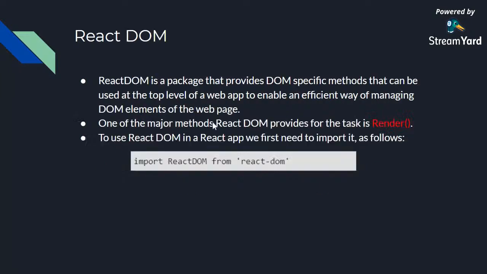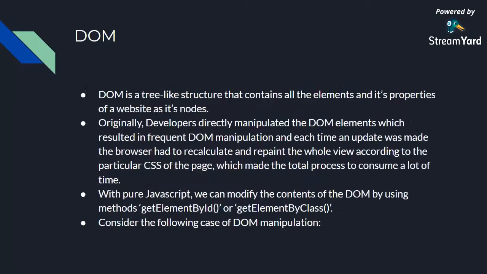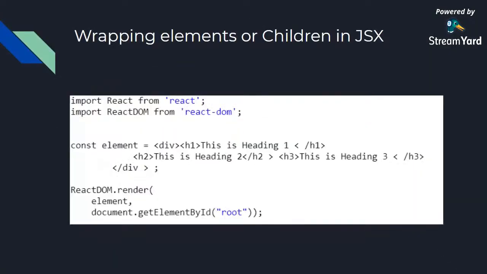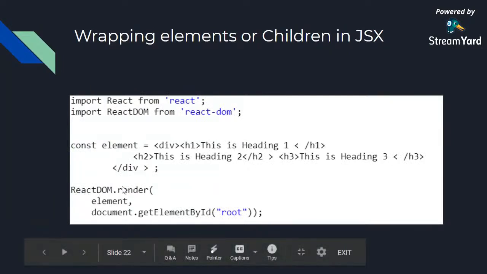Let me give you an example that we previously had, so now you can understand more. What is this ReactDOM.render? In ReactDOM.render, this is the element that needs to be rendered, the element variable that we added before.